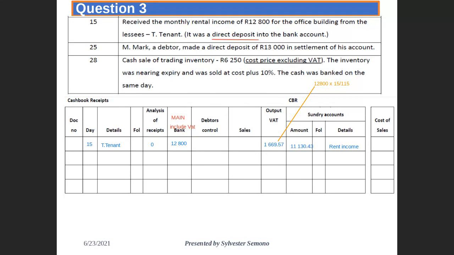Listen, guys, how easy is that? I'm not saying you must use my technique. Others should have started with the amount here, and that's okay. But for me, I try to calculate VAT because VAT is easy to understand. So this is how you must do it.